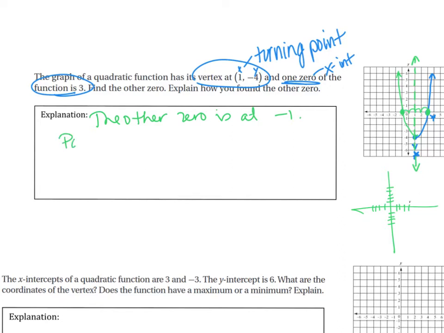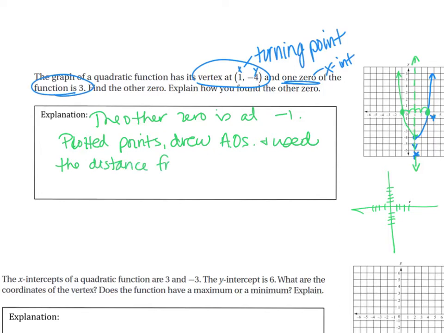Explain how you find the other 0. Well, we plotted the points, right? And then after we plotted the points, we drew the axis of symmetry. I'm going to use AOS as an abbreviation for axis of symmetry, and used the distance from the axis of symmetry to the first 0 and went the opposite direction to find the other.